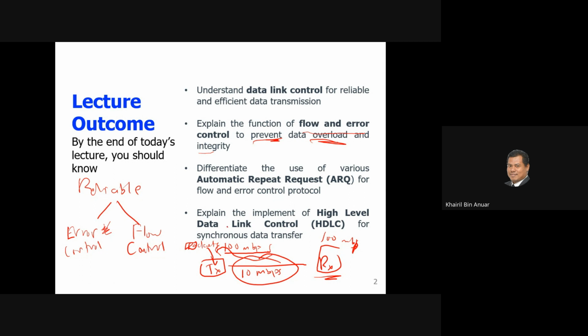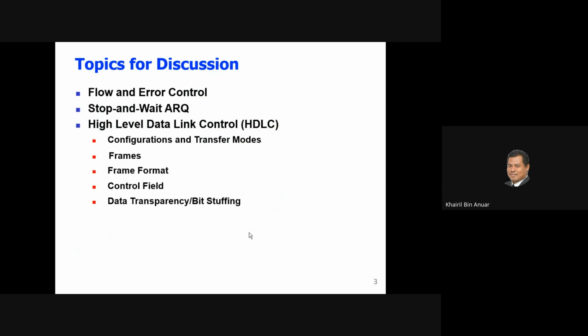And finally, explain the implementation of HDLC, high level data link control, for synchronous data transfer. So we will see flow and error control, then stop and wait ARQ, and then HDLC, where you see the configuration, frame format, control field, and data transparency or bit stuffing.